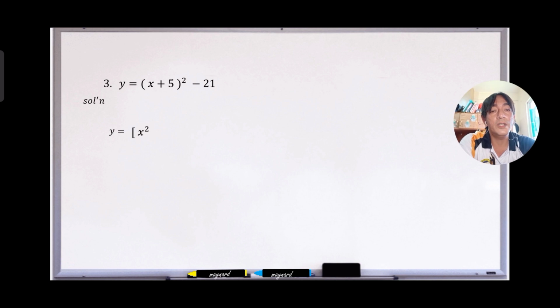So, square of the first term plus twice the first term and the last term plus square of the last term. And then, after the bracket, minus 21 pa rin. So, y, simplify natin yung nasa loob ng bracket, x squared. So, that will be 2 times x times 5 will be 10x. And then, yung 5 squared will be 25.